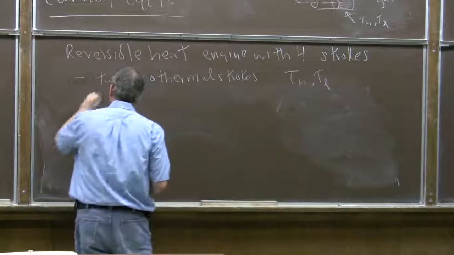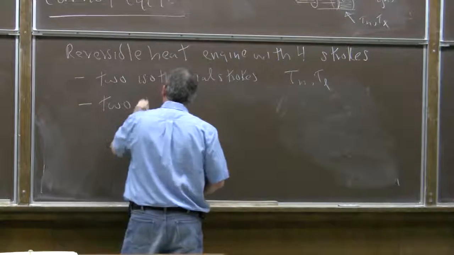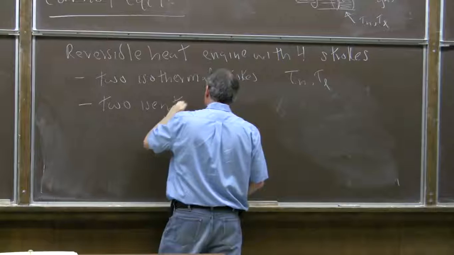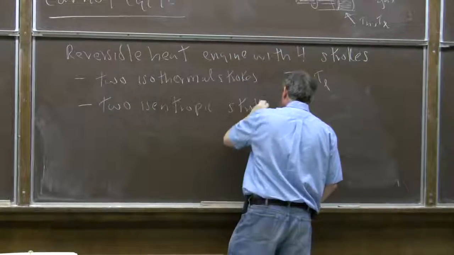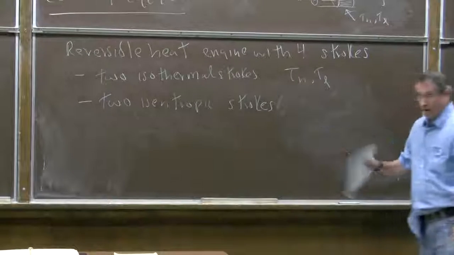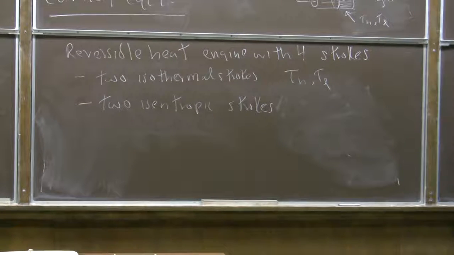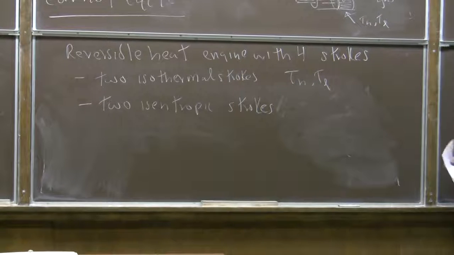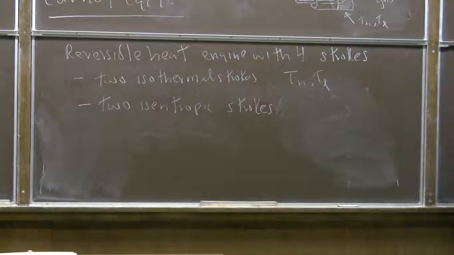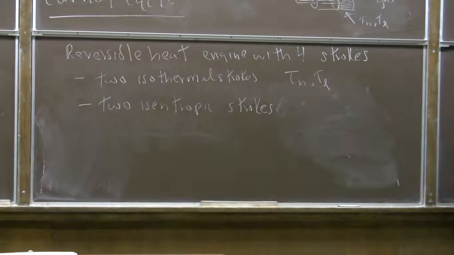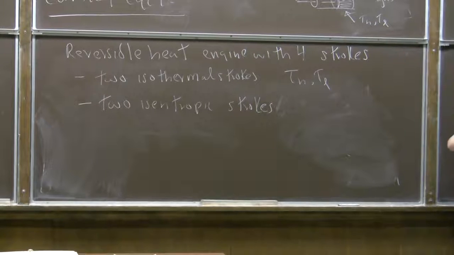And there will be 2 isentropic strokes. So during those steps, we'll imagine the system is isolated from either reservoir, but we have to include steps which change the temperature of the system. We wanted to exchange heat between the high temperature reservoir and the low temperature reservoir. We want to do it reversibly.